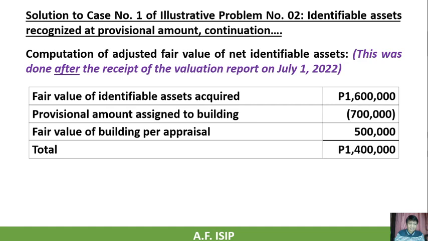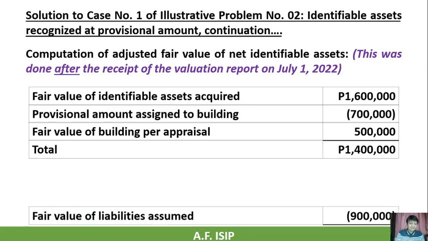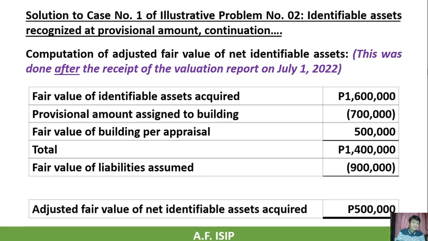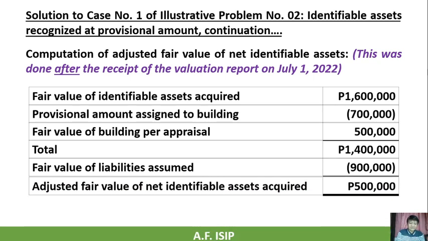That is the correct amount of the identifiable assets acquired. And then we will deduct the fair value of liabilities assumed. The adjusted fair value of net identifiable assets acquired is now 500,000 pesos.